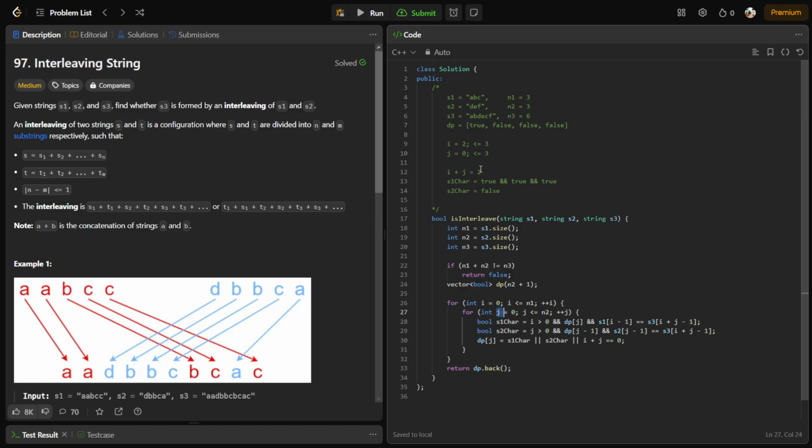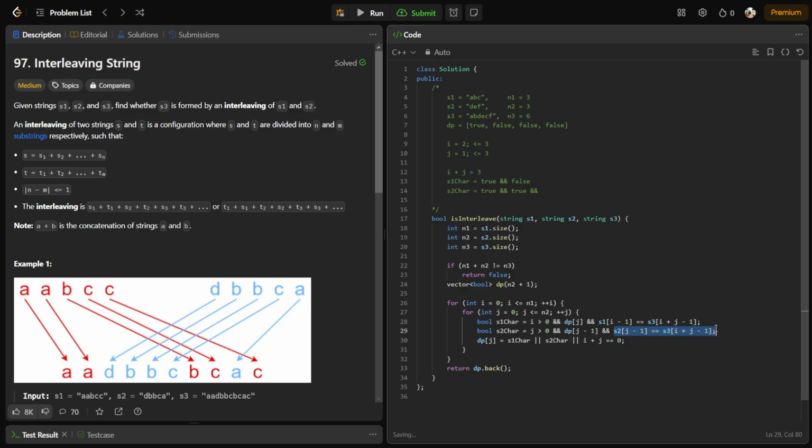Next, j increments. Now we check again. dp[i-1][j] is false, right? 0, 1, false. So we don't need to check for s1 anymore. So let's take a look at s2. For s2, j is more than 1? Yes, true. dp[i][j-1] is true.